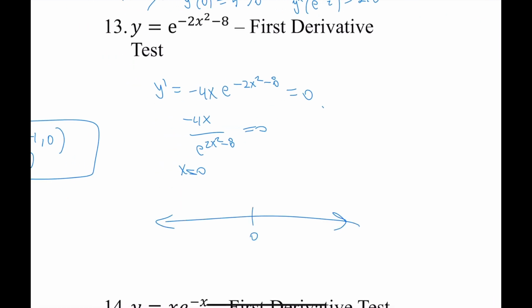And then let's just plug in 1 to our first derivative, and then we get a negative number. Okay, and then we plug in negative 1 and we get a positive number. So that means that we have a relative max at 0, e to the negative 8, right? Okay.